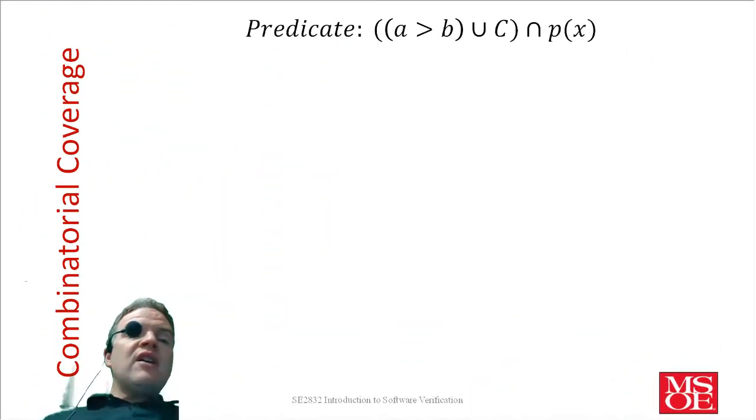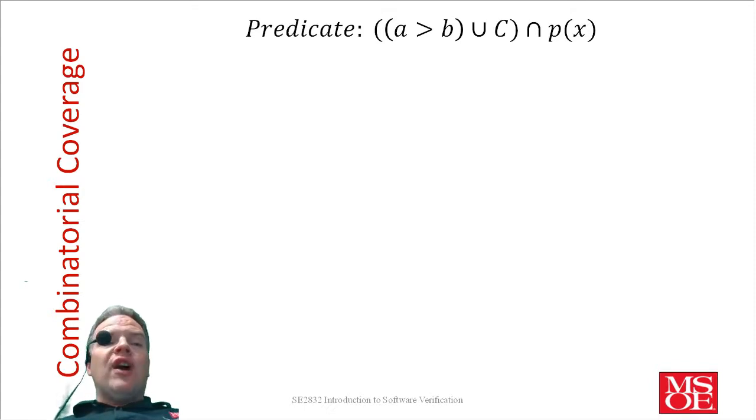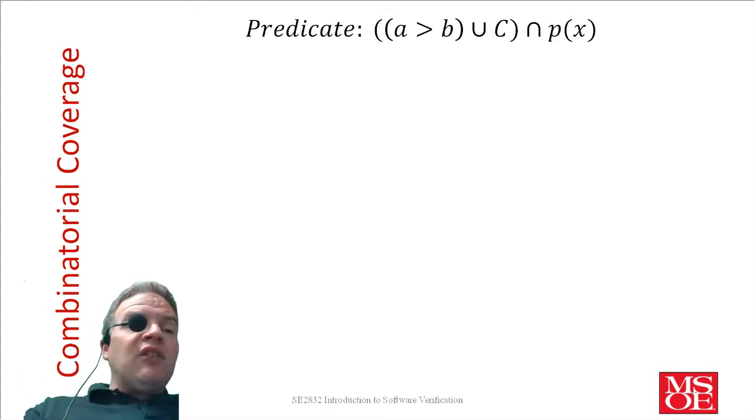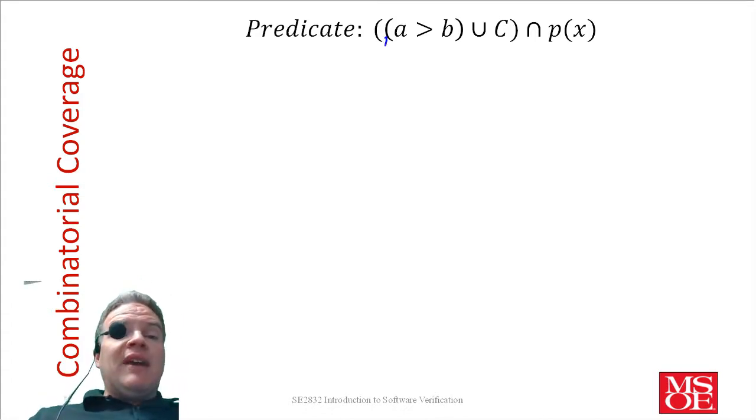One of the things we can come up with is combinatorial coverage. With combinatorial coverage, I'm going to split these clauses and rename them a little bit just to make life easier.